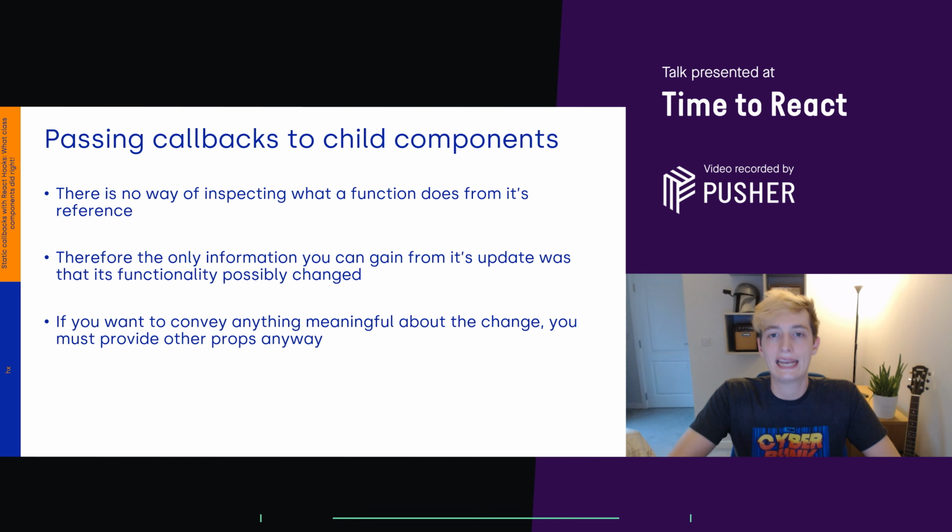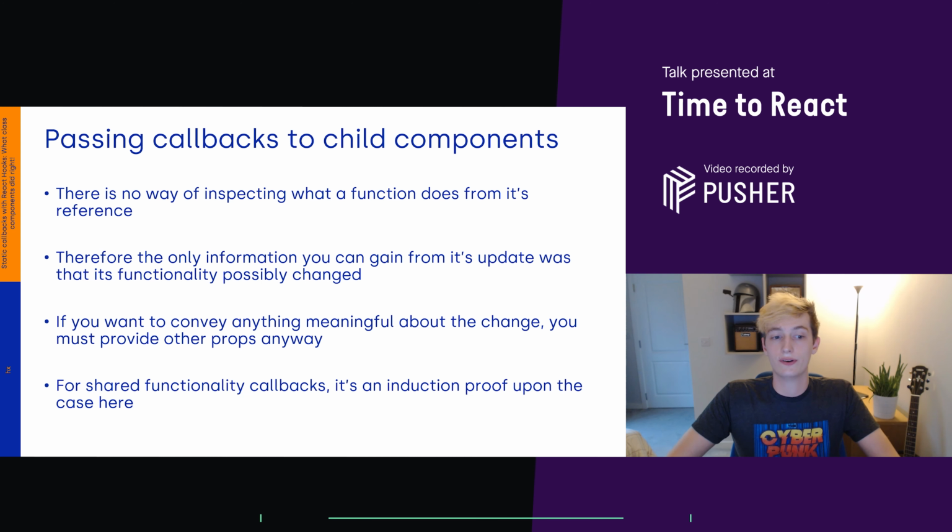You need to pass some text for that button. You need to pass a color for that button. If the button goes from a submit to a cancel, its function will change, but you don't know that from looking at the function. You have to pass a text prop that says submit or cancel. You have to pass a color that says green or red. And so you can say, okay, well then maybe we don't care about that reference changing.